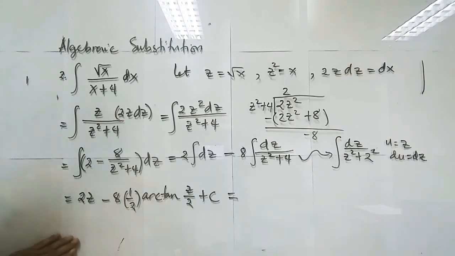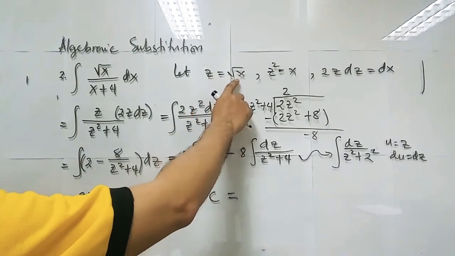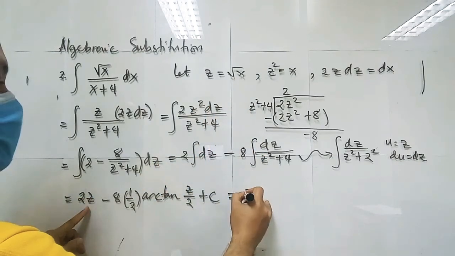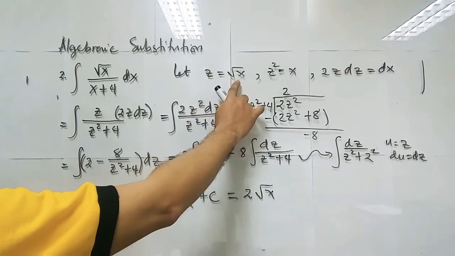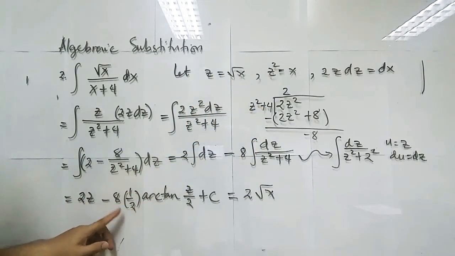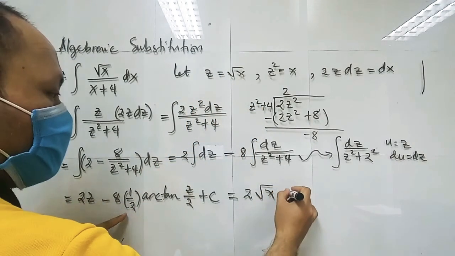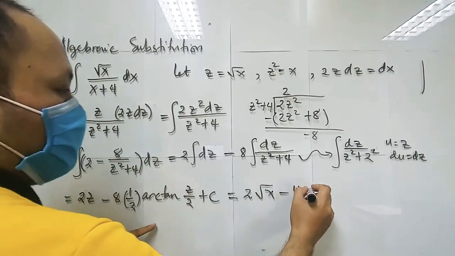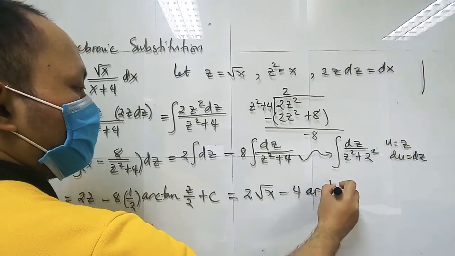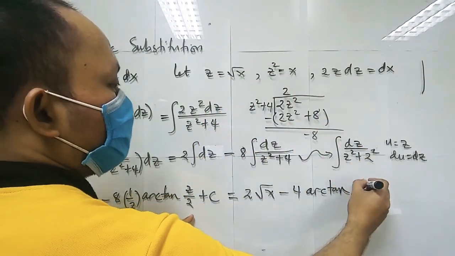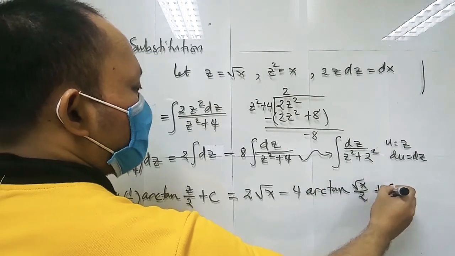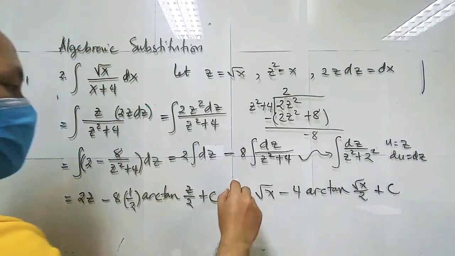By the way, we have to convert our z back in terms of square root of x. So 2 square root of x, instead of z, minus 8 over 2, that is equivalent to 4, and then arctan of z, which is square root of x over 2, plus c. So this will be our final answer.